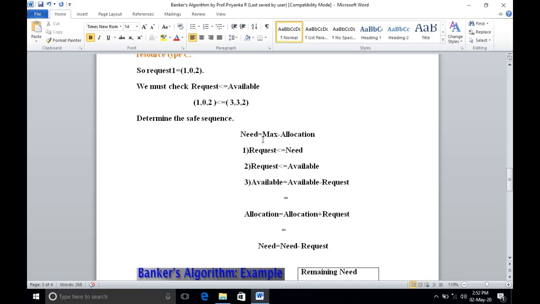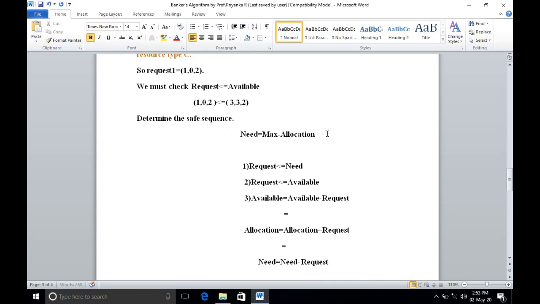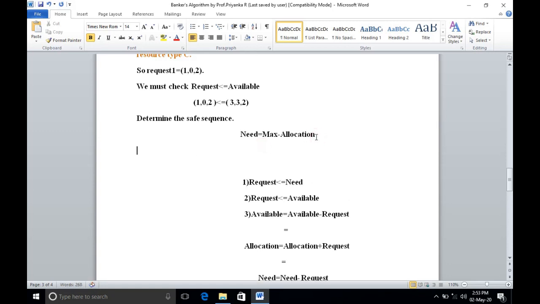Here we have to calculate the new need. So how do you calculate the new need? It is maximum minus allocation. So what is our maximum?